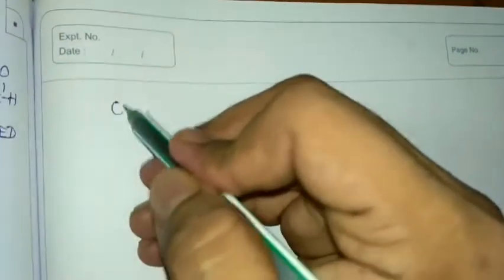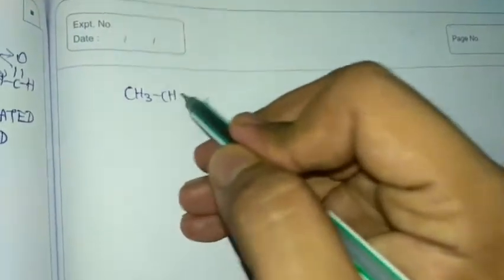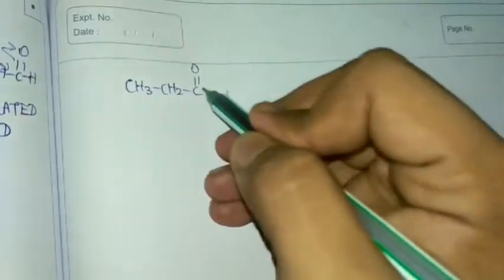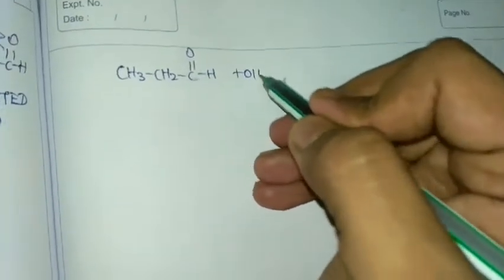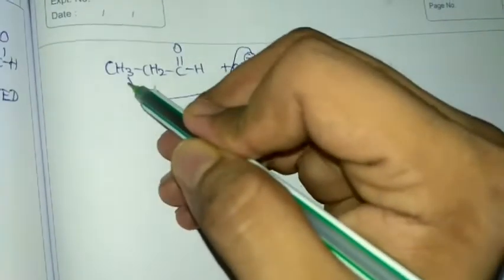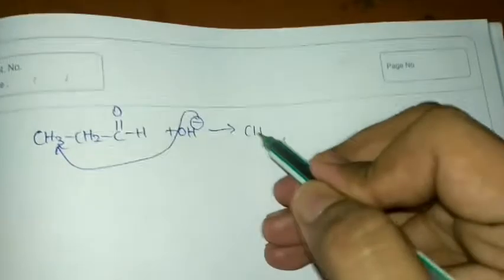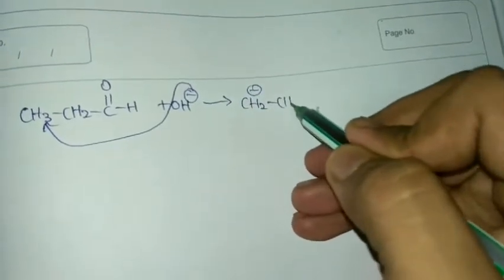So what happens? CH3 CH2 C double bond OH abstracts the proton over here to form CH2 minus CH2.